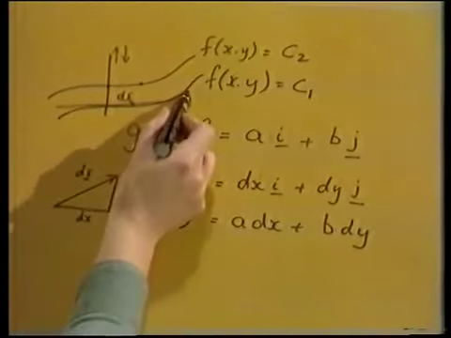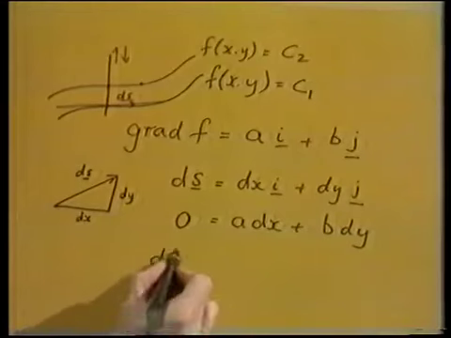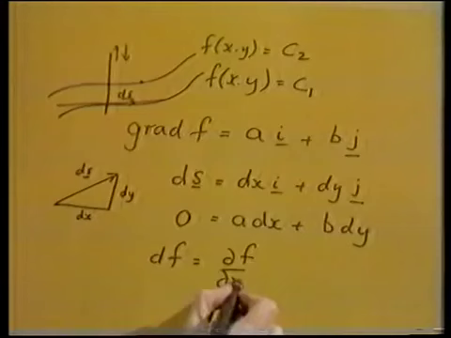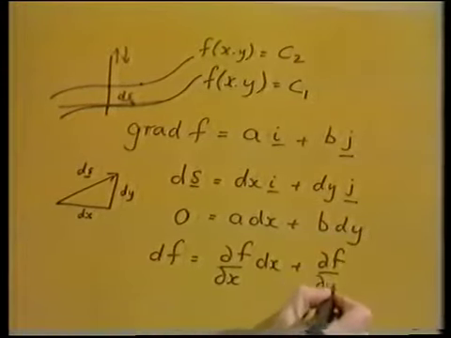Along the contour, f doesn't actually change, but I can write that df is equal to ∂f/∂x dx plus ∂f/∂y dy.